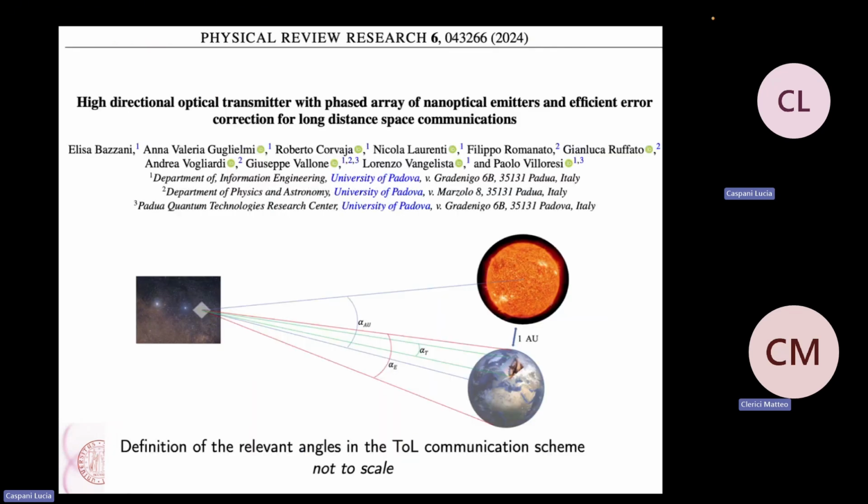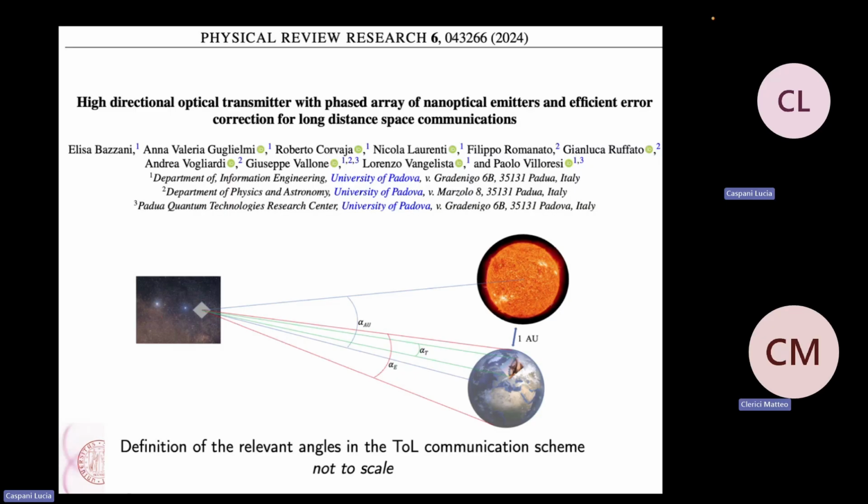So the phone call is quite tough, because if you look at the diffraction in the optical domain, and consider, not to scale, the distance of 1 astronomical unit, the distance to the Sun, which is about 150 million kilometers, this is in the few microrad. The angle subtended by the Earth from Alpha Centauri is a fraction of a nanorad.